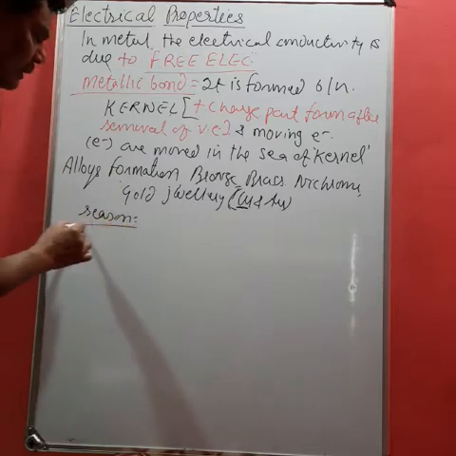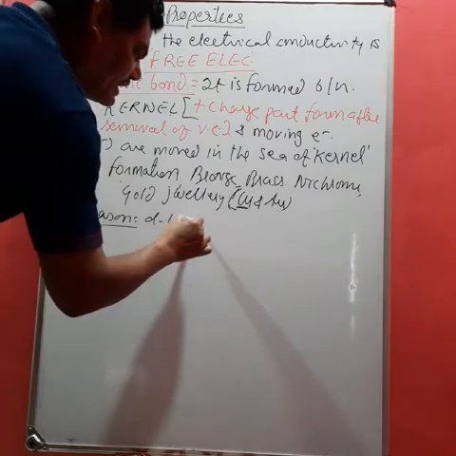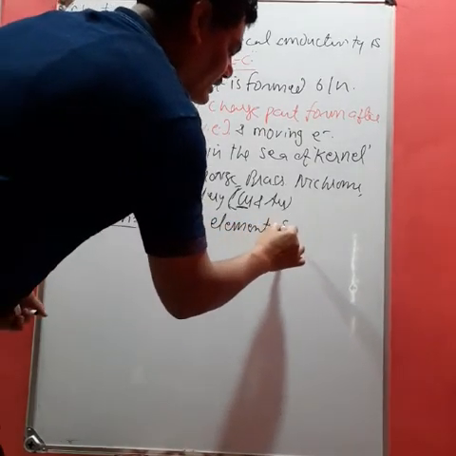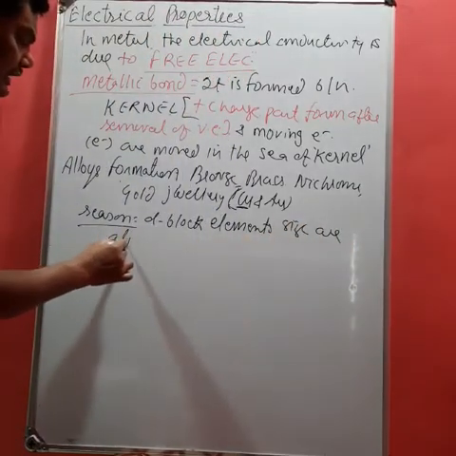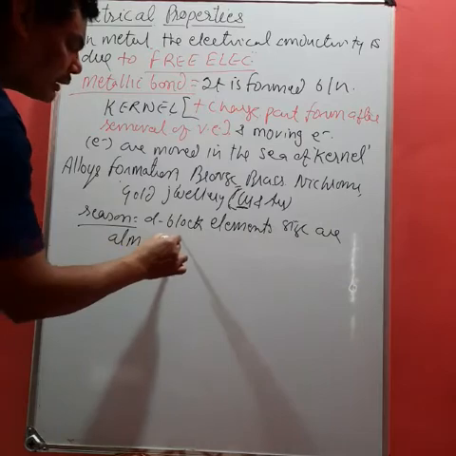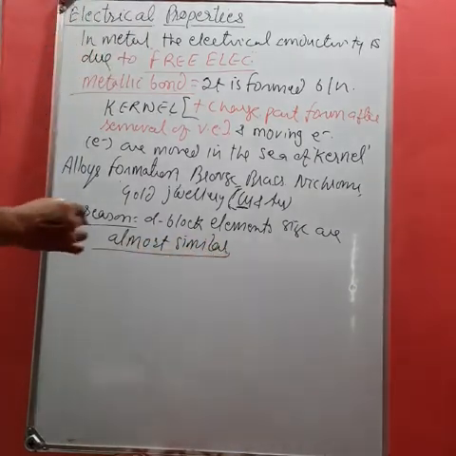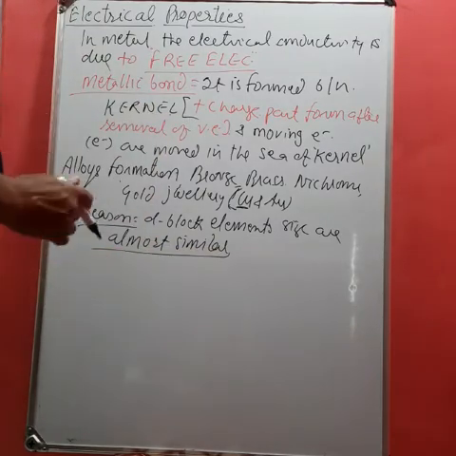So what is the reason of formation of alloy? The reason is that d block elements' sizes are almost the same or almost similar. That is, there is no large difference in their atomic sizes. This is again a very important property.